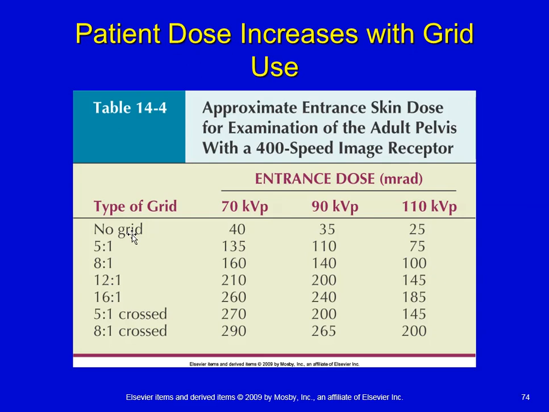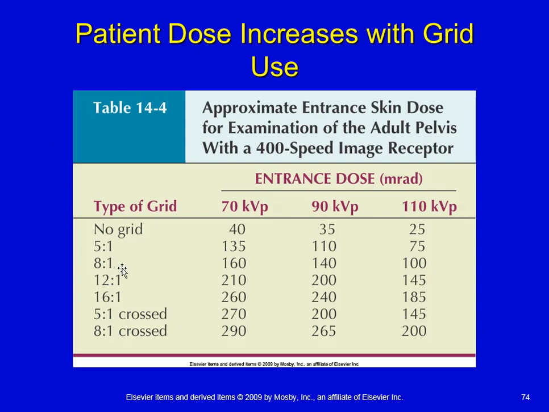So dose is going to be relatively high with most grids, possibly 8:1, but in a pediatric hospital, in a lot of cases, they're going to use a 5:1 grid or some sort of grid ratio that is more conducive to lower dose for the patient. So how do you calculate the change in technique whenever you change grid ratio?